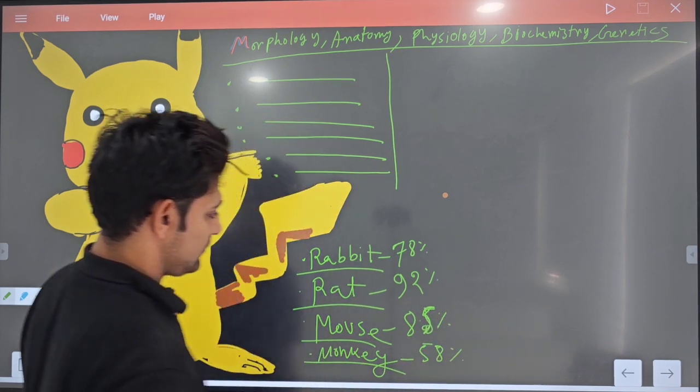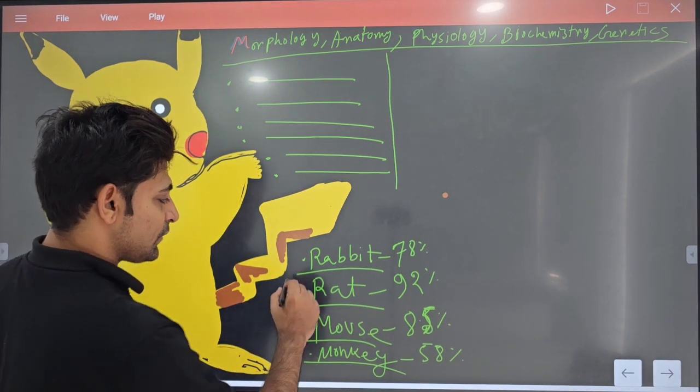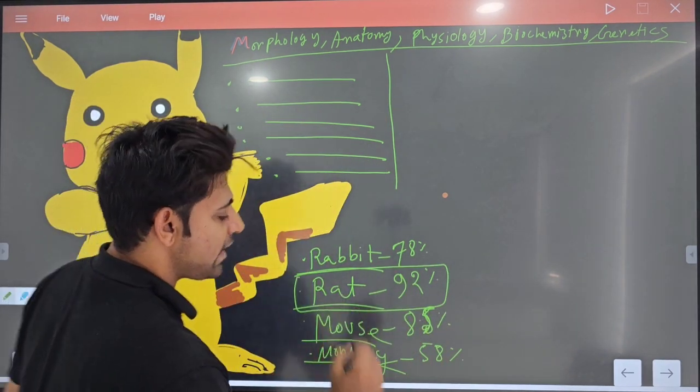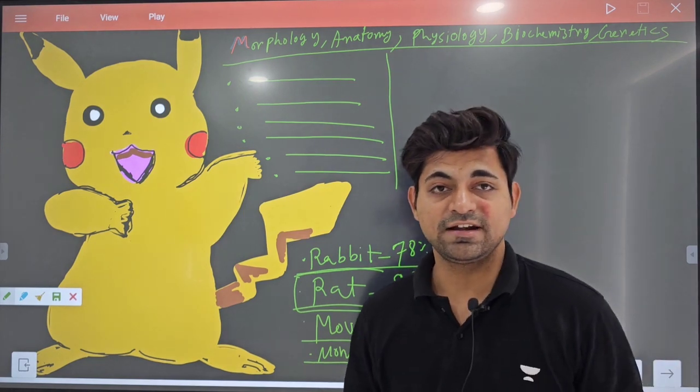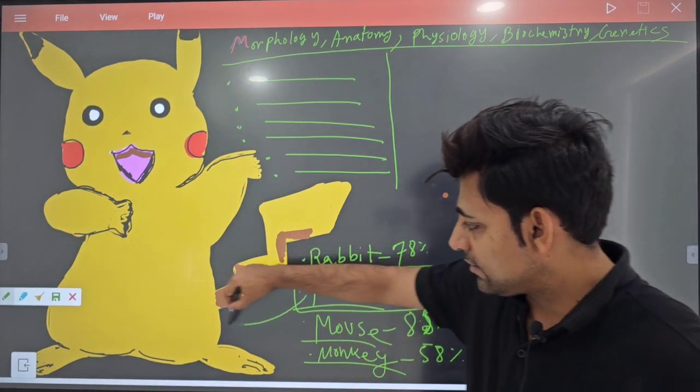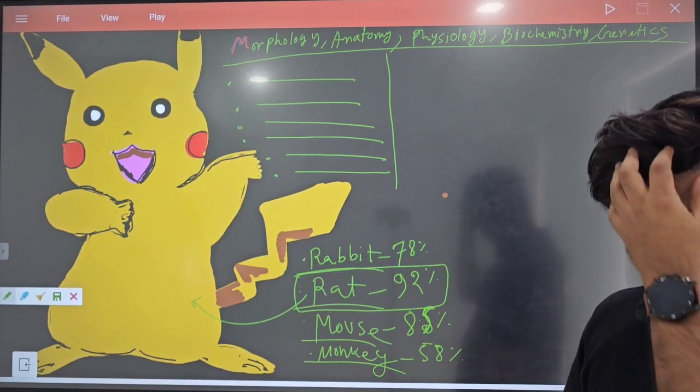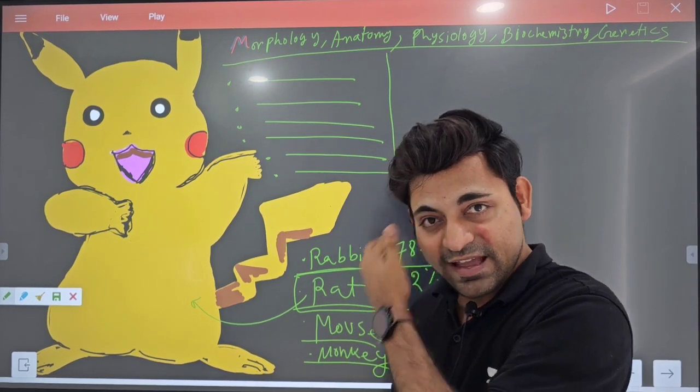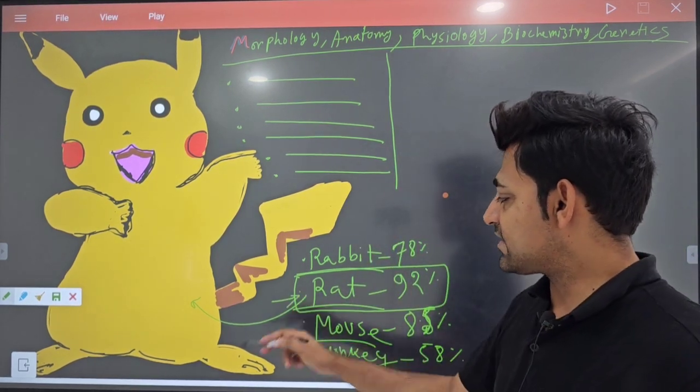So where is the highest match? With rat the highest match is there. So this is called identification. You have now identified this Pikachu. This Pikachu is actually a close relative of rats.